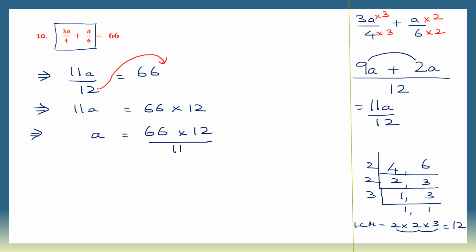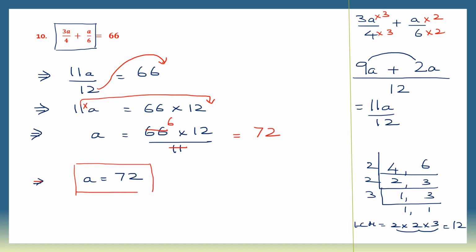We have moved this 11 to the right hand side, so it's become division. Now we can cancel. 11 sixes are 66. Multiply 6 into 12. 12 sixes are 72. So we have found the value of a. a is equal to 72. So this is our answer. a is equal to 72.